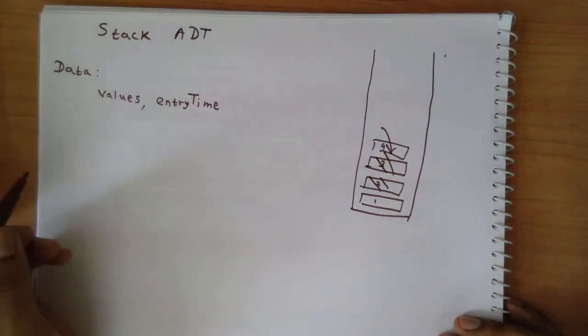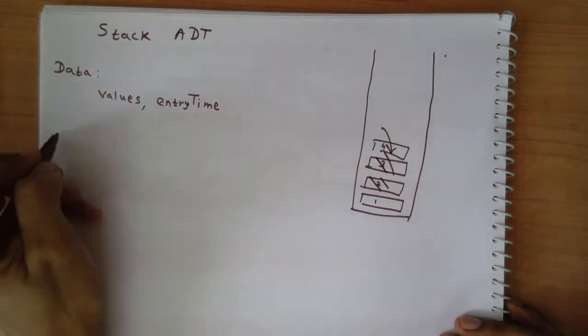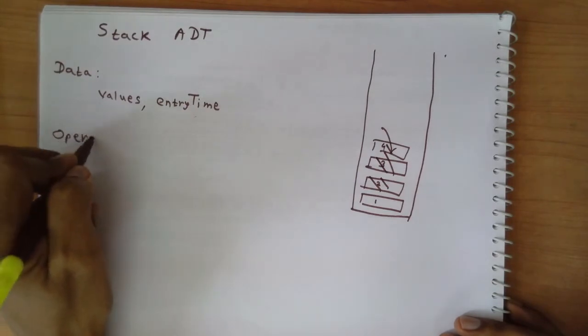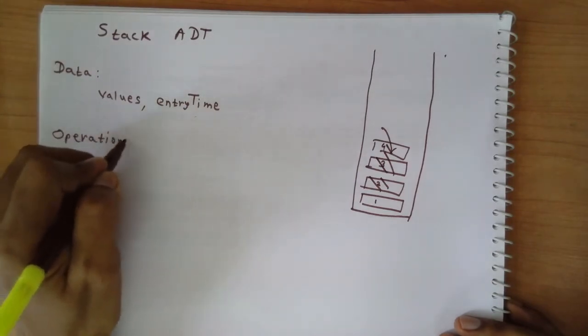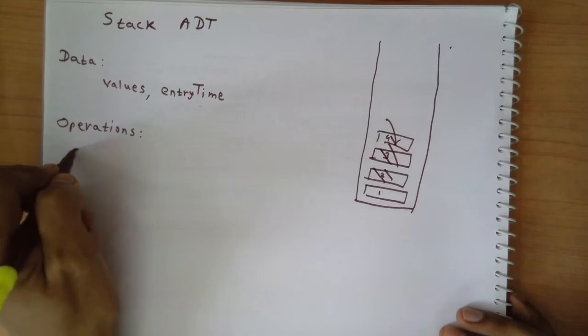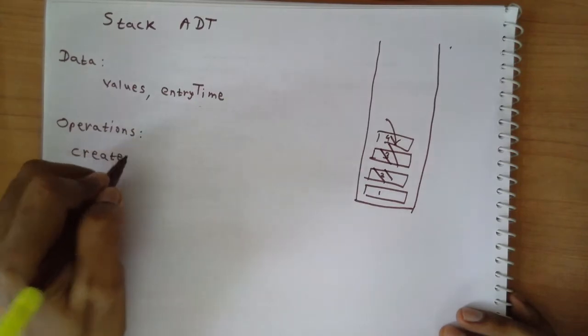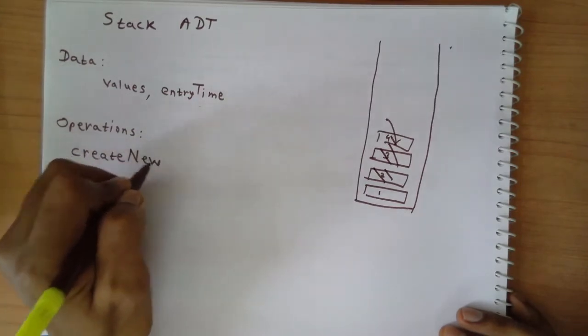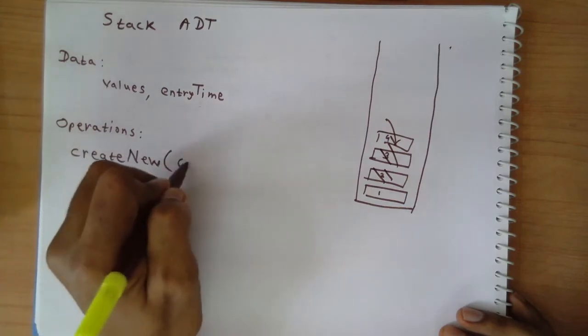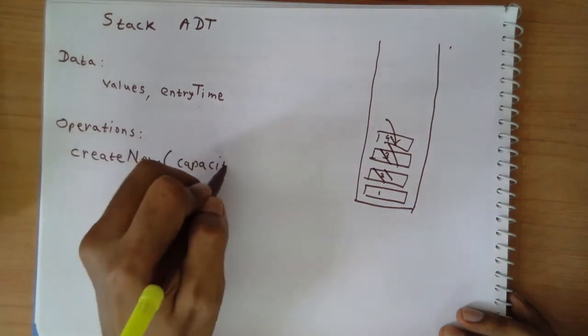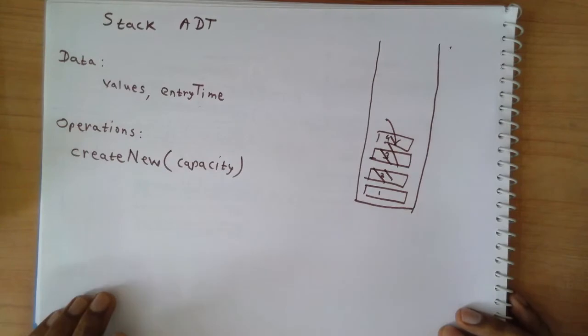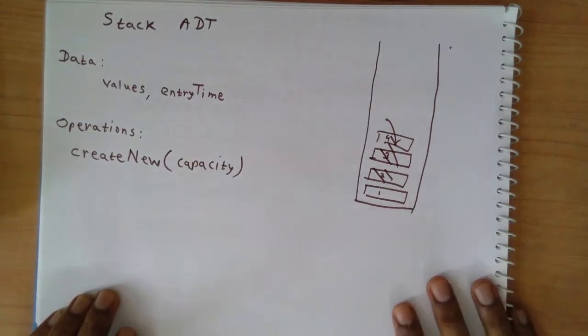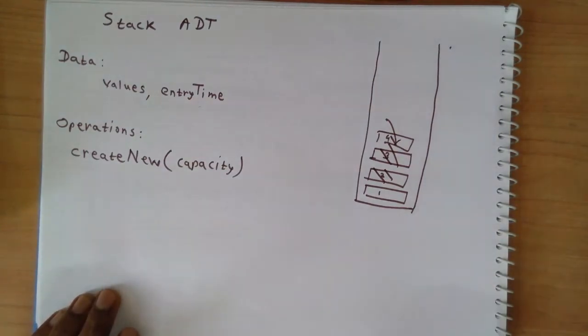And then what operations should we have? I should be able to create a new stack, and I should be able to specify its capacity. When you create the stack, it is going to be empty. Sometimes you might want to create a stack and initialize it with a set of values, so that could be another way to create a stack.